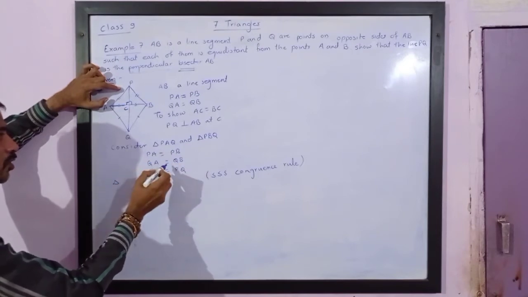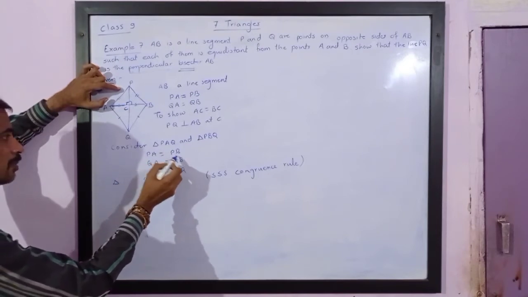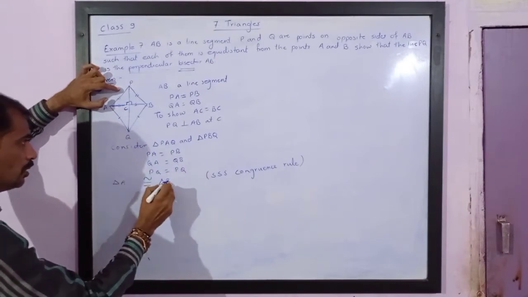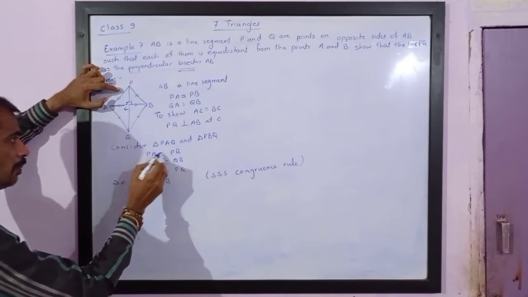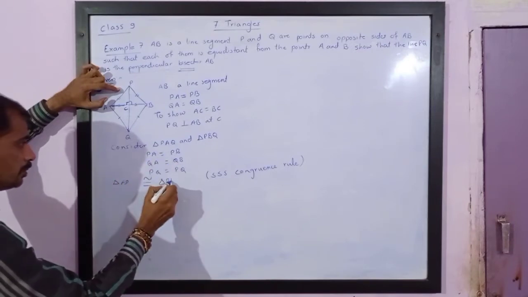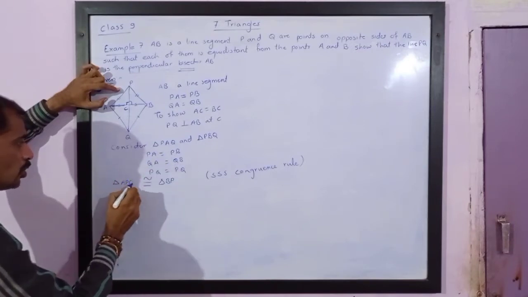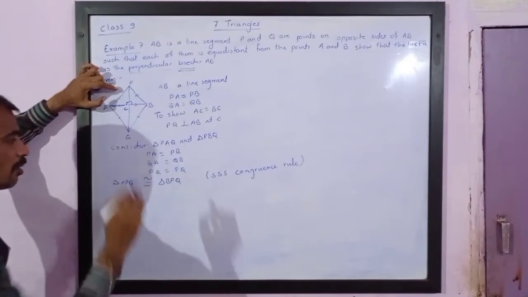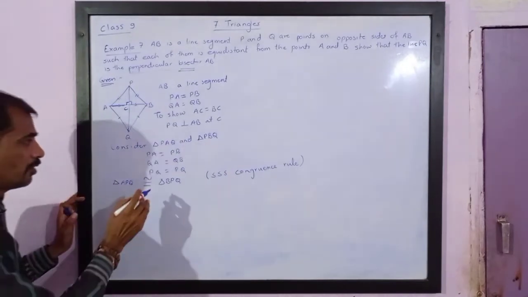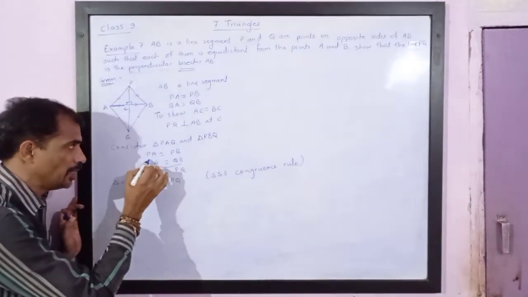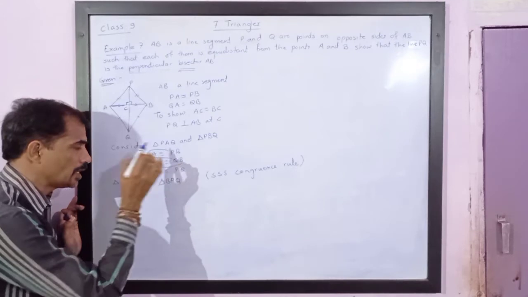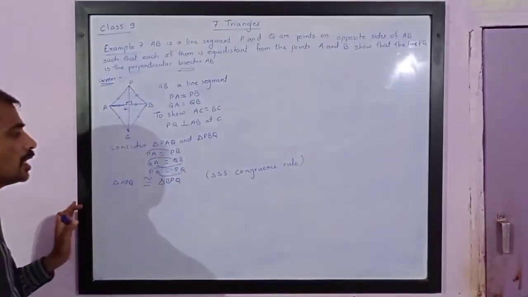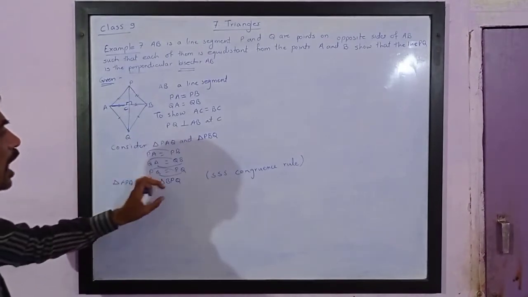From this you will understand that A corresponds to B. Then P corresponds to P, and Q corresponds to Q. Watch carefully. I have taken A to B, and here also you will notice that Q corresponds to Q and P corresponds to P. So these two triangles are congruent.